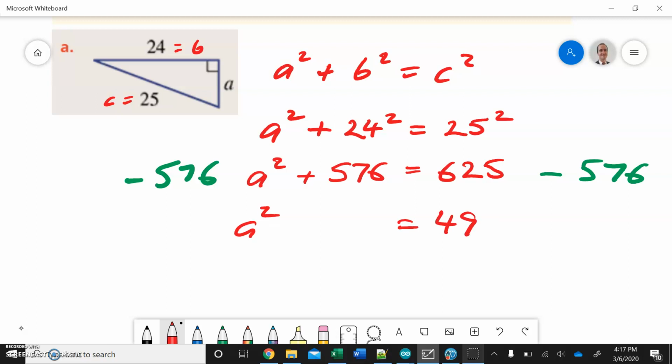Now to get rid of the square over the A, we need to take the square root of both sides. So if we take the square root of both sides, we end up with A equals 7 in this case. So we found that the missing side length in this one was equal to 7.